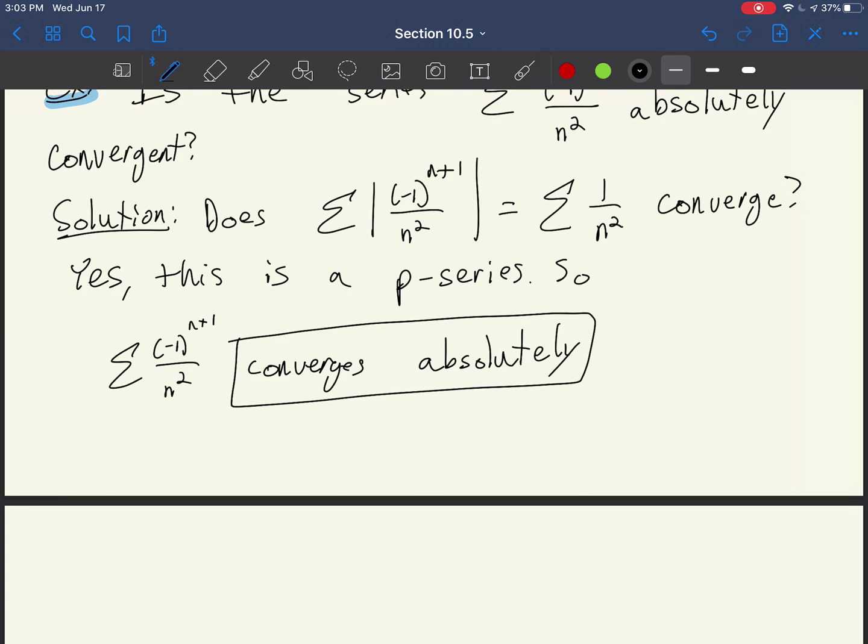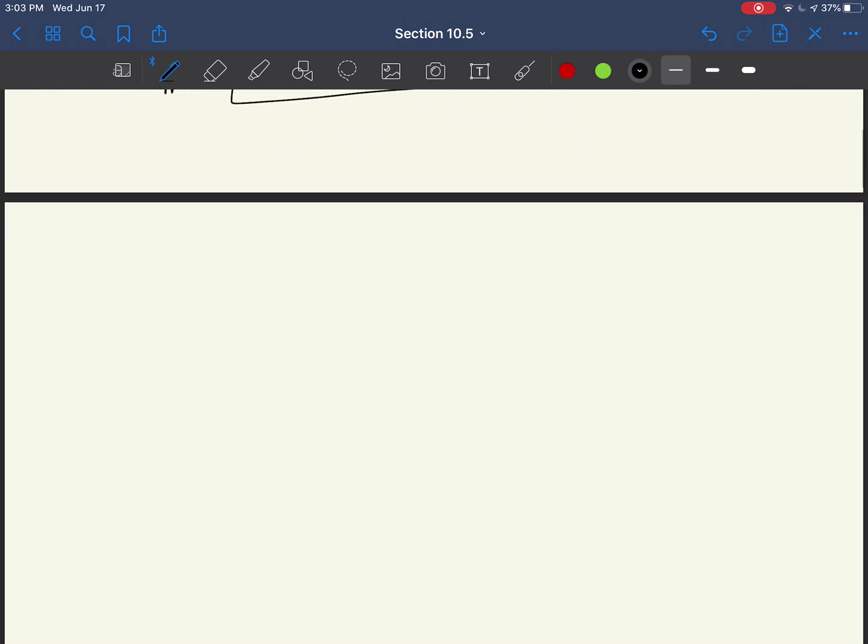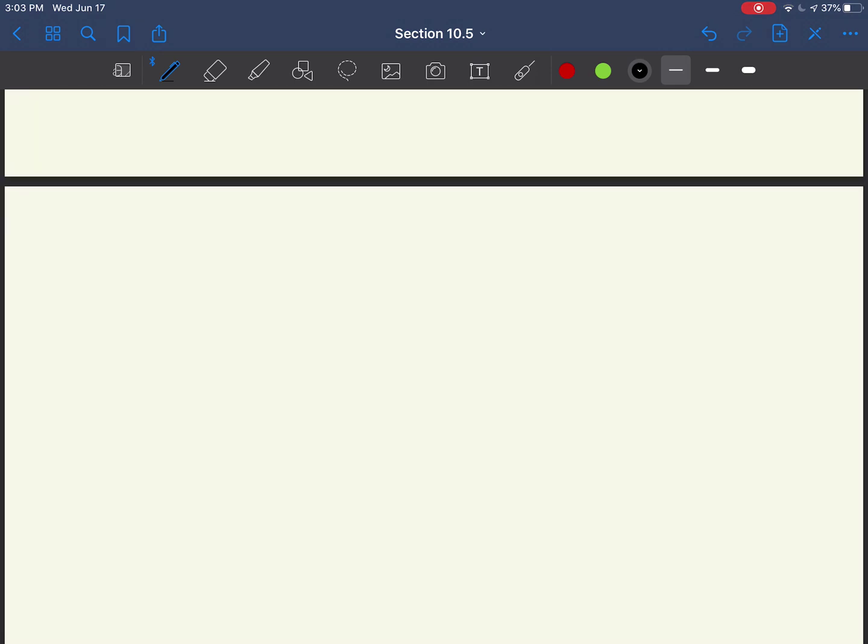So what we're going to do now is try to determine tests to decide if a series not only converges, but does it converge absolutely? And if not, then does it converge conditionally? So recall the geometric series. The ratio test is going to be similar to the geometric series.